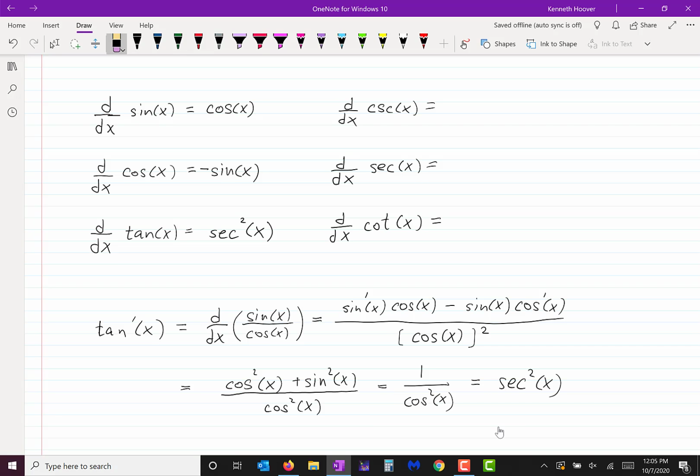All right, let's do cosecant. It's not that different. Cosecant is 1 over sine.